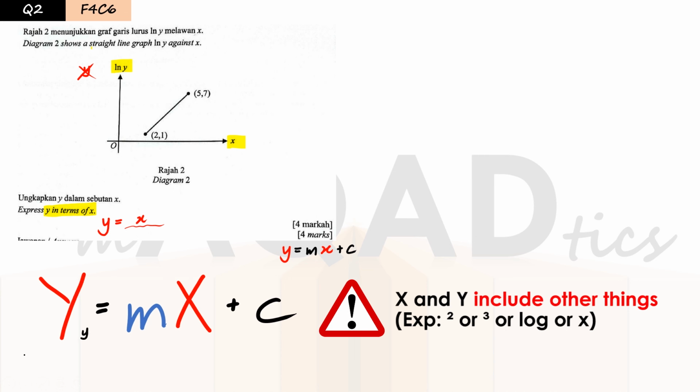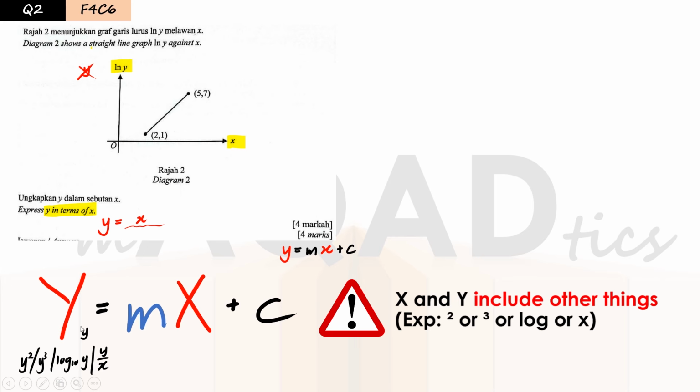So now it can have other things inside. So for example, y square, y cube, log base 10 y, or maybe it can have x inside of it also, y over x. Right? So if you see, there are certain other things inside of the y here.